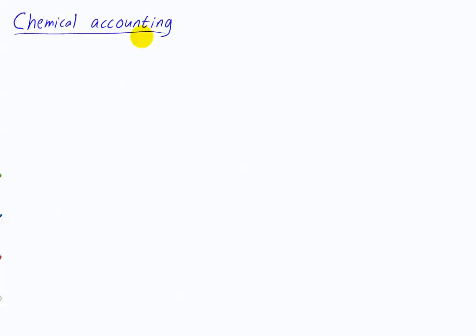All right, we talk about chemical accounting. What we're really talking about is how chemical reactions work. Now you've done a chemical reaction so far, I think just one, the biodiesel reaction. You're going to do another one next week, I believe, or the week after, with the synthesis of the organic molecule.